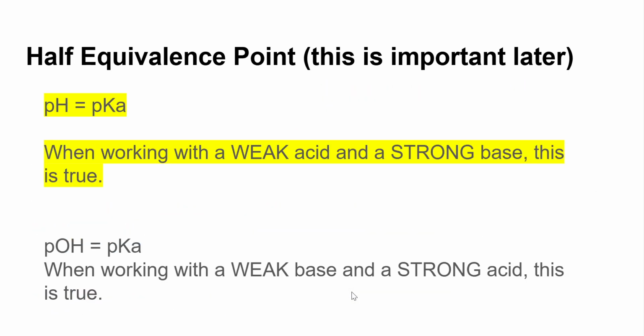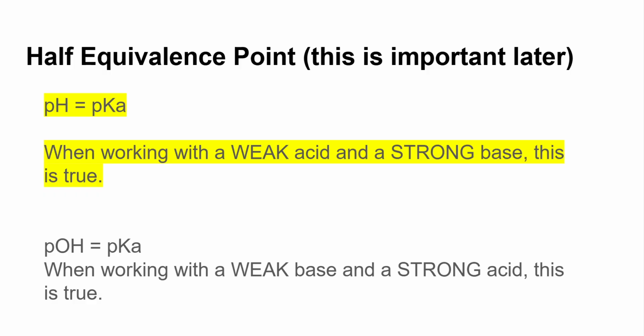The last thing that you need to know to be able to complete the questions is the half equivalence point. We are going to go into more detail when we learn about titrations, but the half equivalence point is when pH is equal to pKa when working with a weak acid and a strong base.